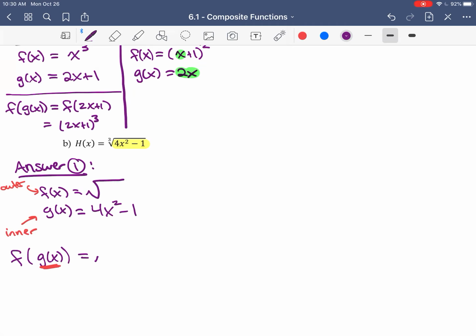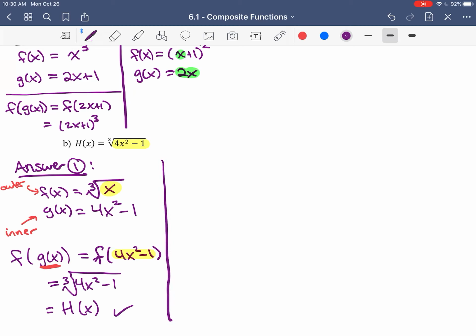So my f of x is going to be the cube root of just x. Because then when I do the composition, it's going to be f of 4x squared minus 1. So I'm going to be replacing the x here with that whole thing. And that's going to give me my h of x back. Okay, so that is h of x, which is what we wanted.